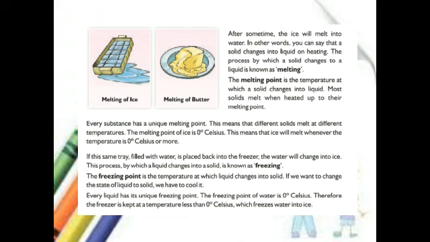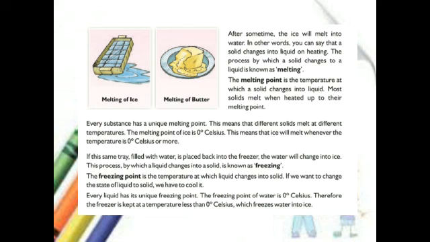Are you clear about the melting and freezing process? Very good. Next, the freezing point of water is 0 degrees Celsius. At 0 degrees Celsius the water will start to freeze. And the melting point of ice is also 0 degrees Celsius. If the temperature goes to 0 degrees Celsius and below, the liquid changes to solid.